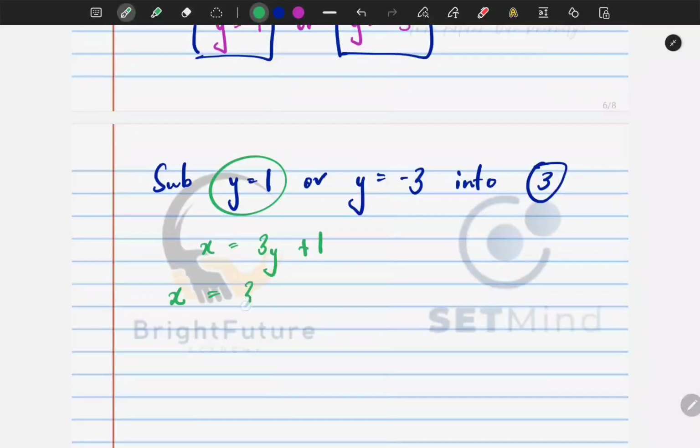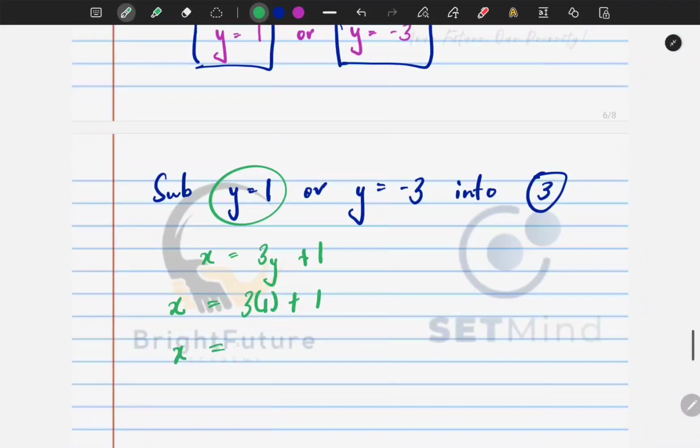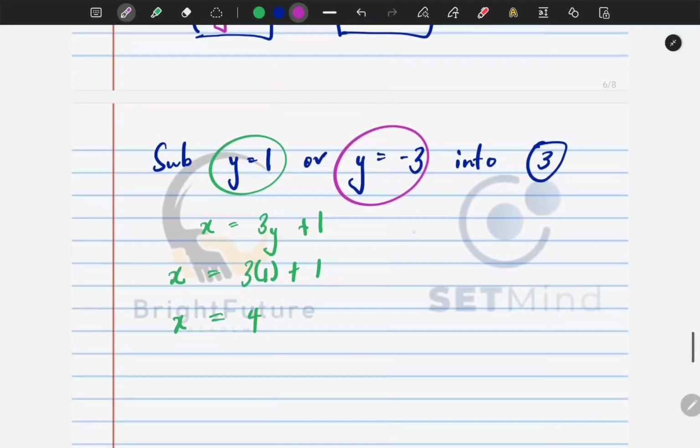So it's going to be 3 into 1 plus 1, which is going to be 4, right? And then the second one, it's going to be this one, right? So x equals to 3y plus 1, and then x is equals to 3 into negative 3 plus 1.